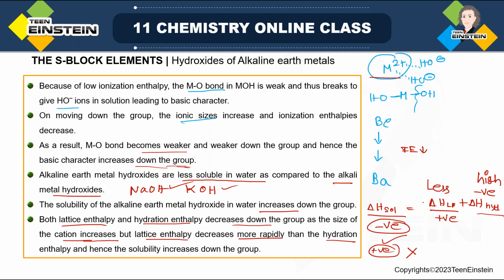And that we want, because when lattice enthalpy is less, the chance that the enthalpy of solution will be negative is high. So the rate at which lattice enthalpy is decreasing and the rate at which hydration enthalpy is decreasing are not the same. Lattice enthalpy decreases more rapidly compared to the hydration enthalpy decrease. And that is the reason the overall enthalpy of solution becomes more and more negative down the group, and that is the reason the solubility increases down the group.